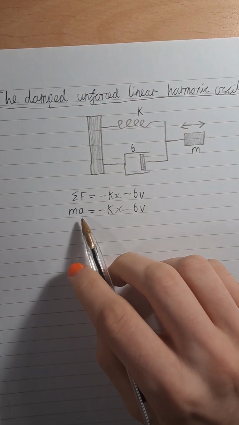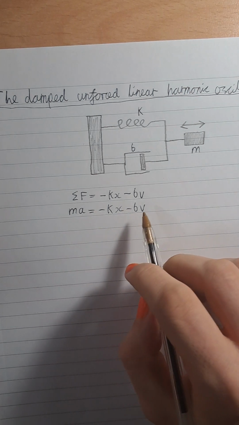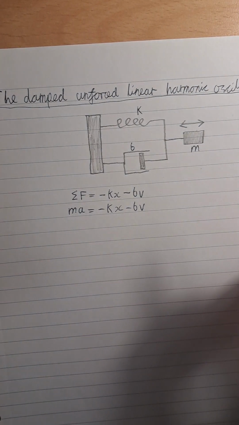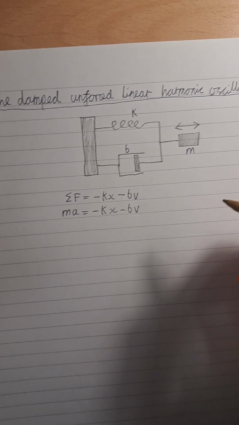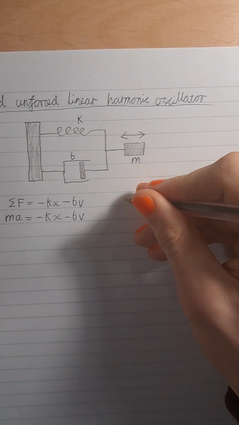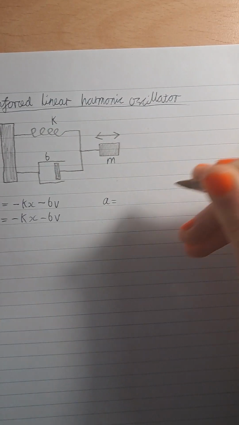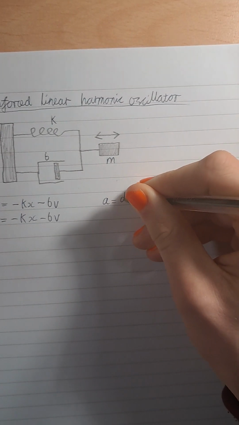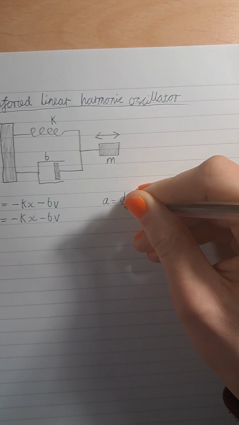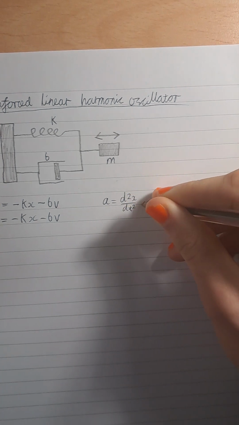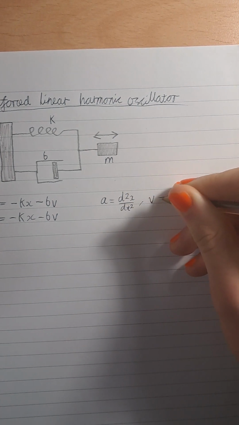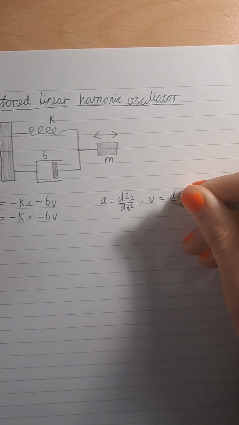And you can notice we've got acceleration, displacement and velocity all in one. So we can use a little bit of calculus here, and we know that acceleration is equal to d2x over dt squared, and velocity is equal to dx over dt.